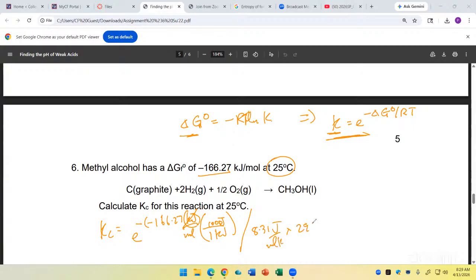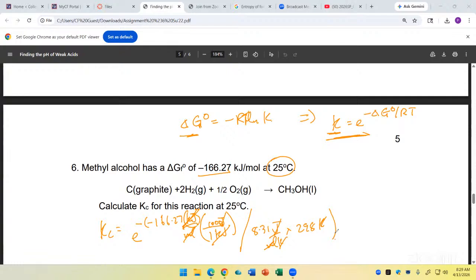is 298 Kelvin. So what's going to happen here is that the kilojoule unit here and here will cancel out, the joule unit here and here will cancel out, the mole unit here and here will cancel out, and the Kelvin unit will cancel out. So there'll be no units associated with this part right here.